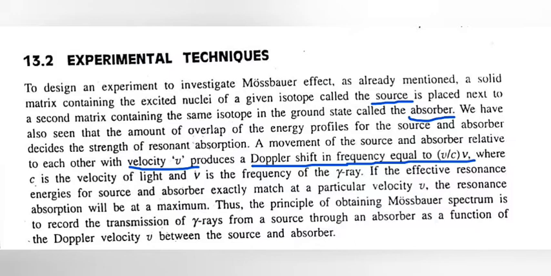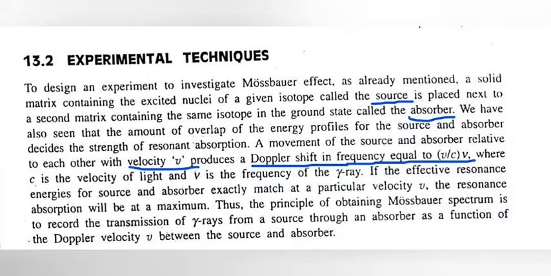Cobalt 57 with atomic number 27 is used as the source in the Mossbauer spectrometer. It is a radioactive element which undergoes electron capture and produces Fe57. It is an excited ion. That excited ion drops to the ground state, that is Fe57.